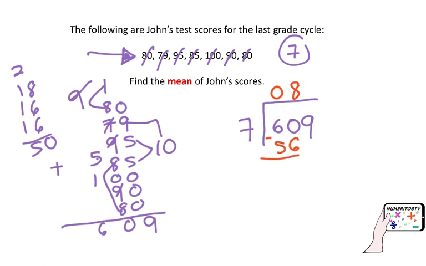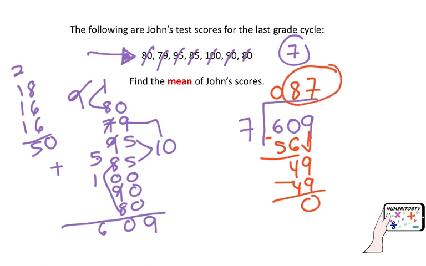And then I subtract 60 minus 56, that's 4, and then the 9 drops down, 7 fits 7 times in 49, and I'm done. So the average or the mean of this data is 87. 87 will be the mean of John's test scores.